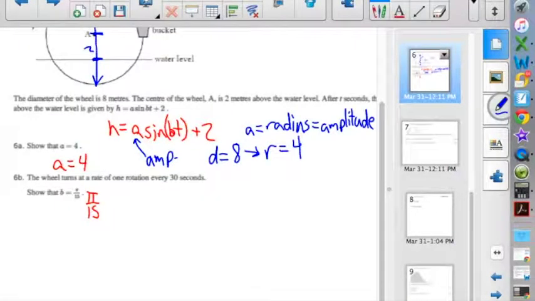Now, the second part, B, the number that's multiplied by your independent variable t here. B is related to what feature of the sine curve?